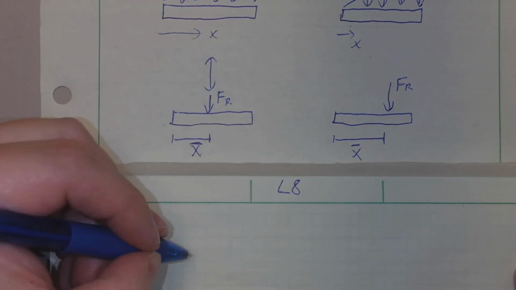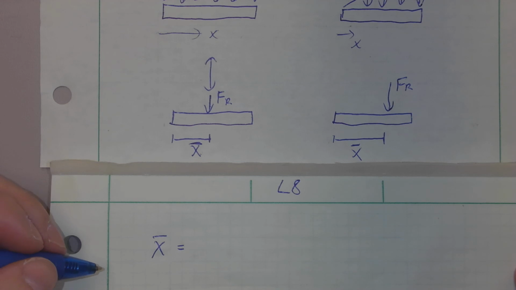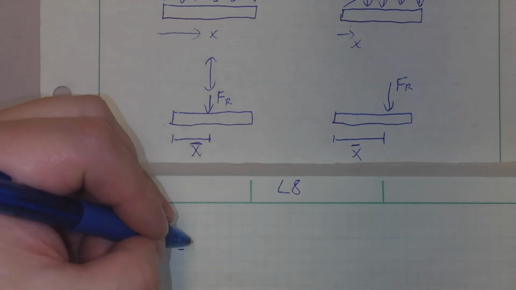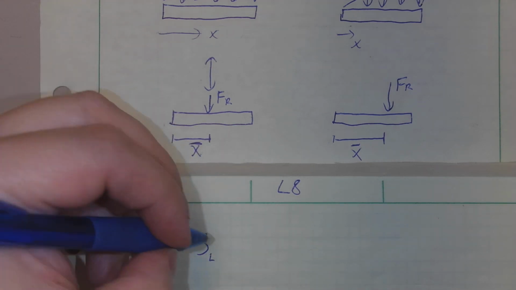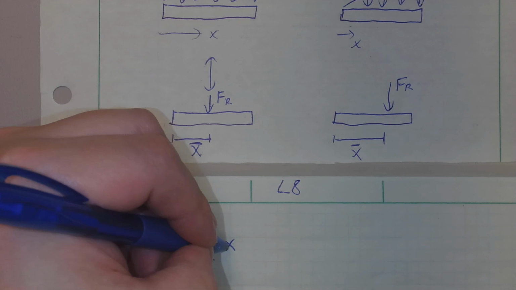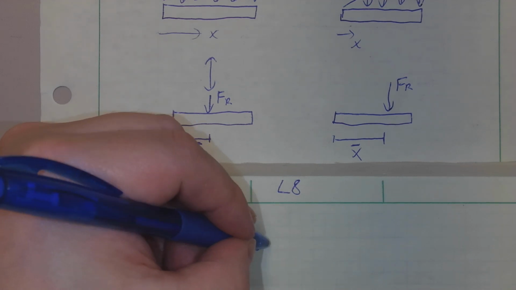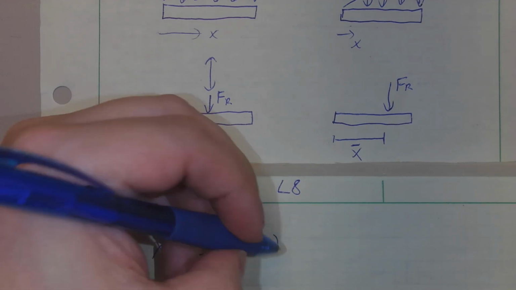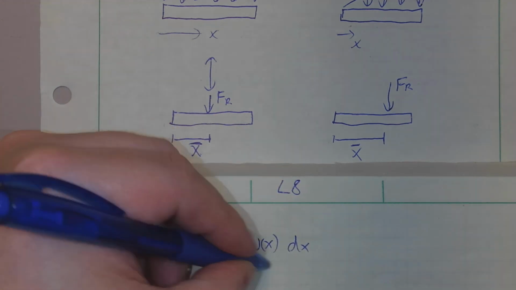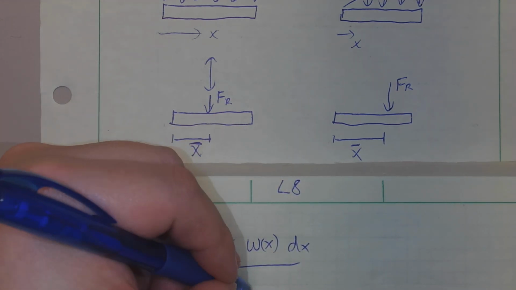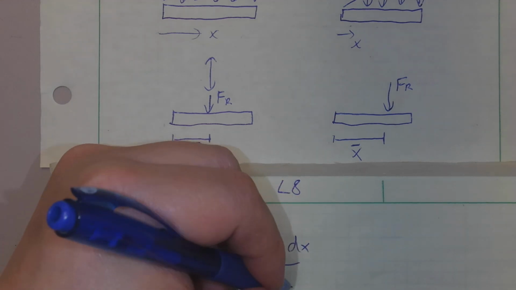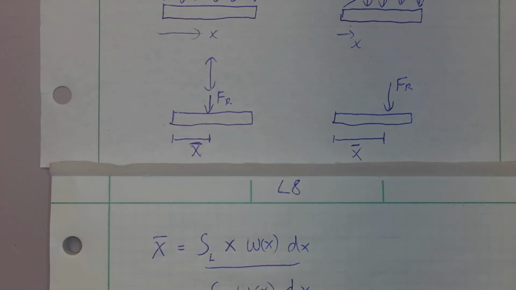That X bar value is basically going to be the integral across the length of X times W as a function of X with respect to X, divided by the integral of W as a function of X with respect to X.